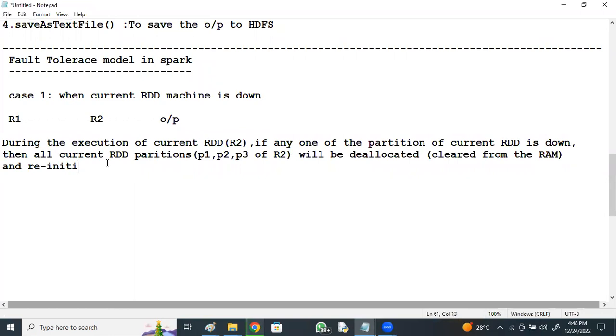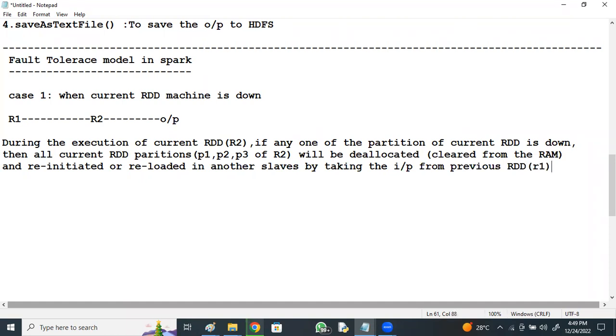And reinitiated or reloaded in other slaves. Means only R2 data, in other slaves, yes. And reinitiated, reloaded in other slaves by taking the input from the previous RDD R1.